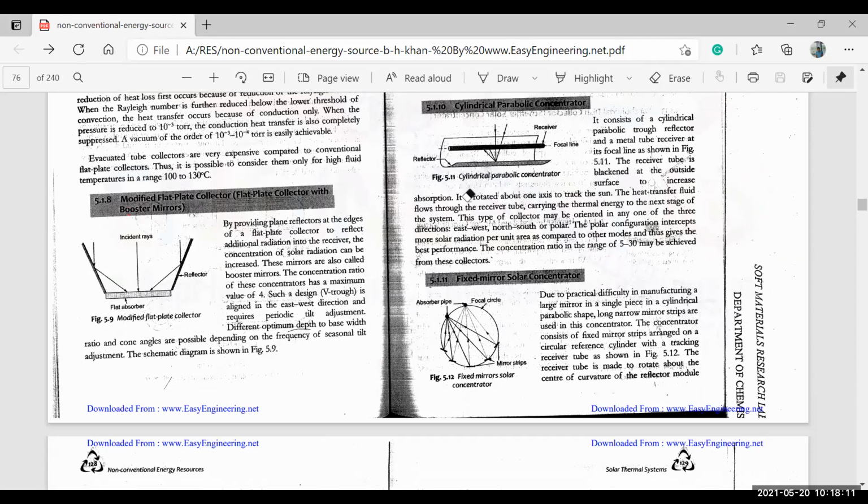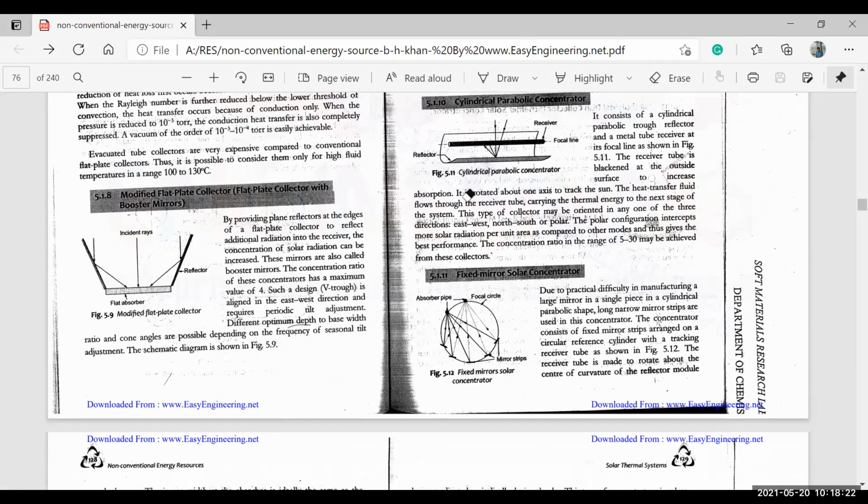This is your modified flat plate collector, nothing else has been done. This is your flat plate. What they have added are two mirrors, two reflectors, you could say. The purpose is to enhance the flat plate absorber.